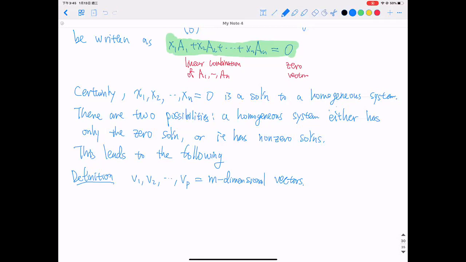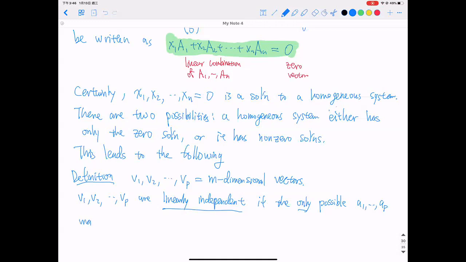Then V1, V2, up to Vp are what we call linearly independent if the only possible A1 through Ap making the equation A1 V1 plus A2 V2 plus up to Ap Vp equal to the zero vector are A1 equal to 0, A2 equal to 0, and up to Ap equal to 0.